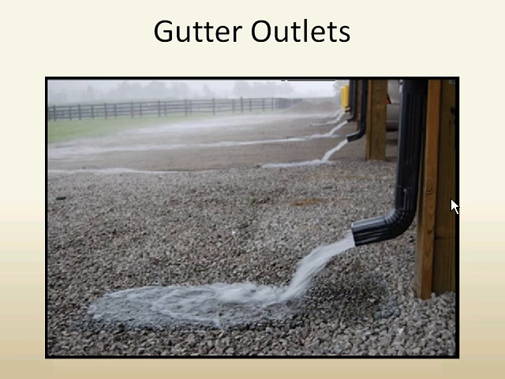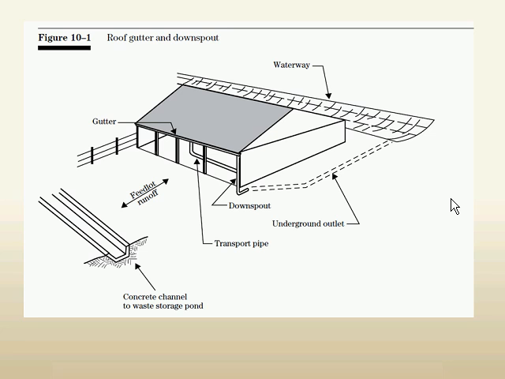But you want to make sure that there's something there so that you're not going to cause an erosion problem. In the example we gave before, we could use an underground outlet and then take that water to some sort of outlet, whether that's a waterway or whether we're going to take the water away from the production area and then just allow it to be discharged onto a vegetated area.